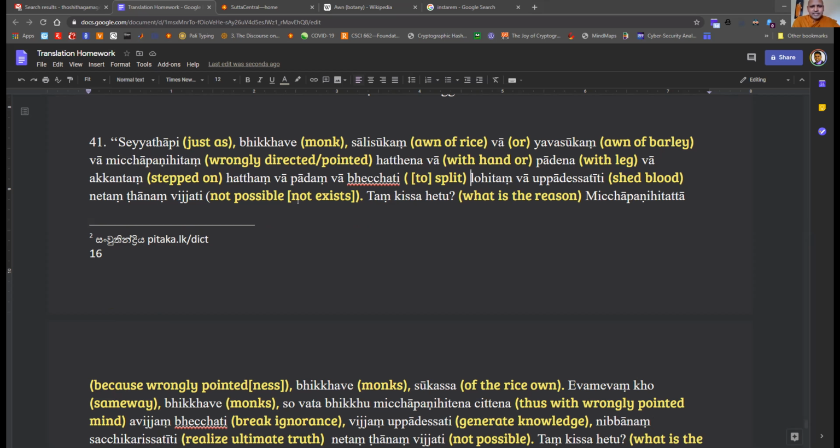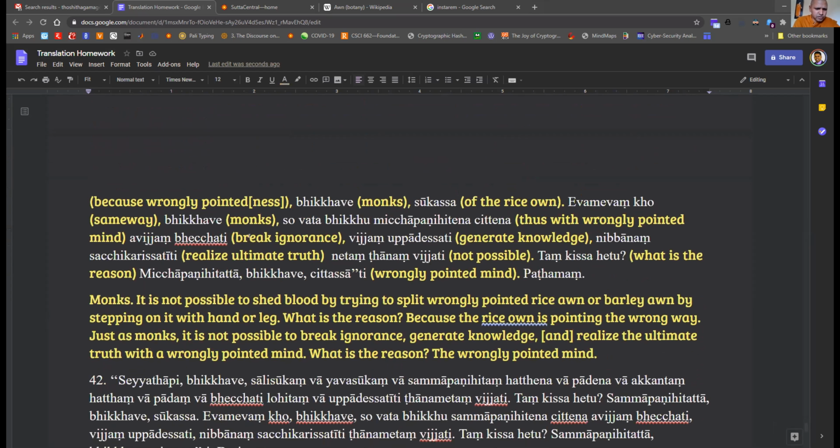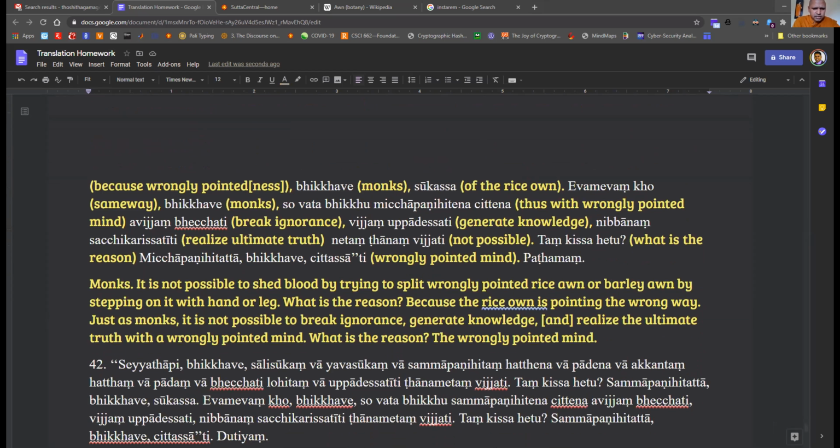We can take a break. I think it's time to take a break, and we will begin with a different place in the Anguttara Nikaya, or you want to continue? Up to you. I think I'm happy either way. I don't have any preferences. Let me see. Where is my syllabus? Am I sharing the syllabus screen?